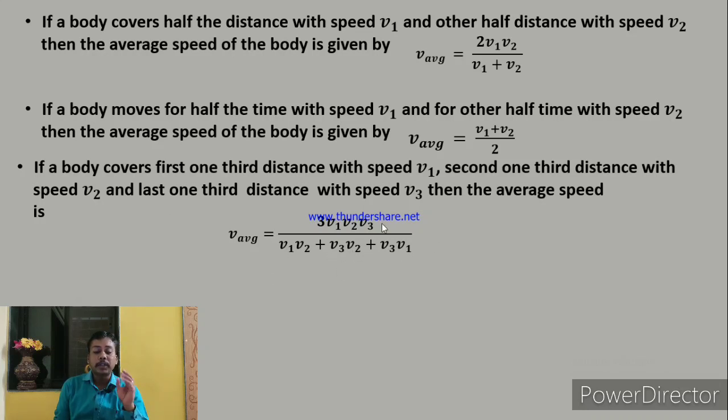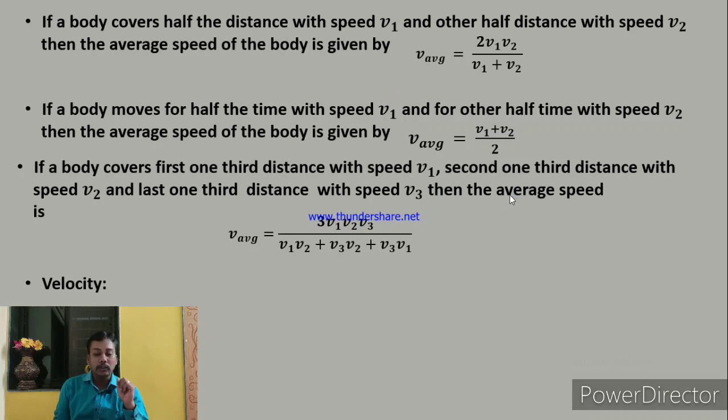If the distance is divided into three parts, first 1/3 with speed v1, second 1/3 with speed v2 and last 1/3 with speed v3, then the average speed is 3 v1 v2 v3 upon v1 v2 plus v2 v3 plus v3 v1. Now, this is about speed, and speed we know is a scalar quantity.